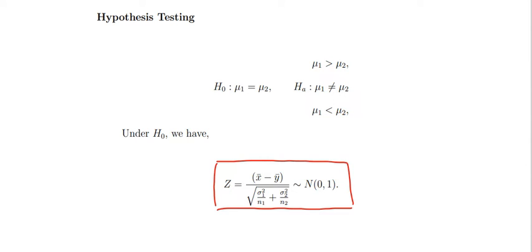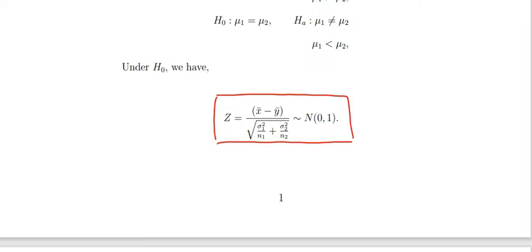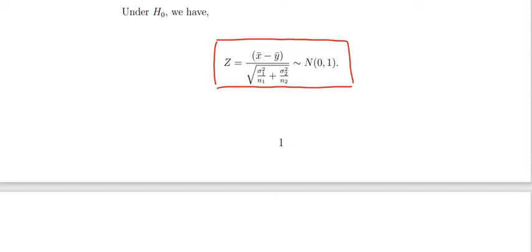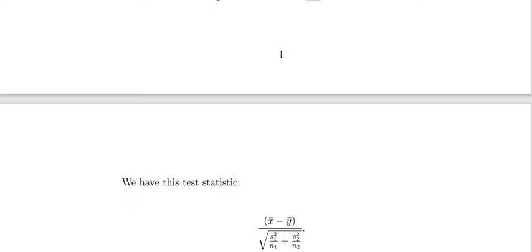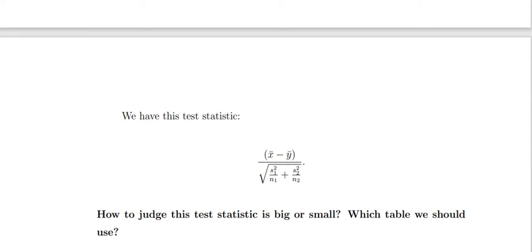But the question is, we don't know sigma 1 and sigma 2, right? So if we replace sigma 1 and sigma 2 by S1 and S2, we then have this test statistic: x bar minus y bar over the square root of S1 squared over n1 plus S2 squared over n2.